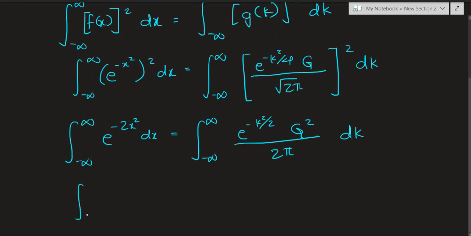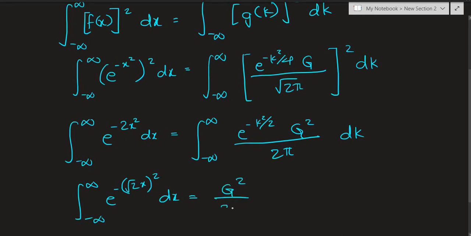So we'll have the integral from negative infinity to positive infinity of, we can write this as e raised to negative square root of 2x but the whole thing squared, because square root of 2 squared is 2, dx is equal to g squared, and 2 pi are constants, we can take them out of the integral.